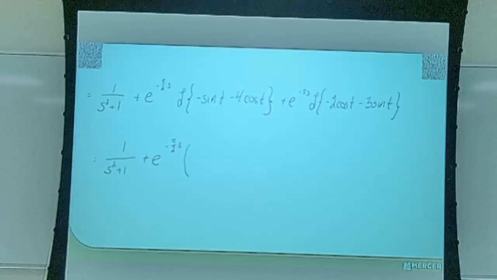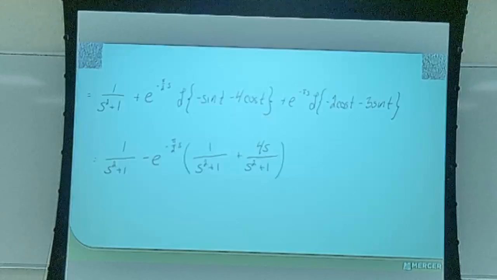You know what? I can factor out that negative too. Let's go ahead and factor out the negative 1. Transform of sine is 1 over s squared plus 1, and then cosine is s over s squared plus 1. You can factor out a negative from that second one too.